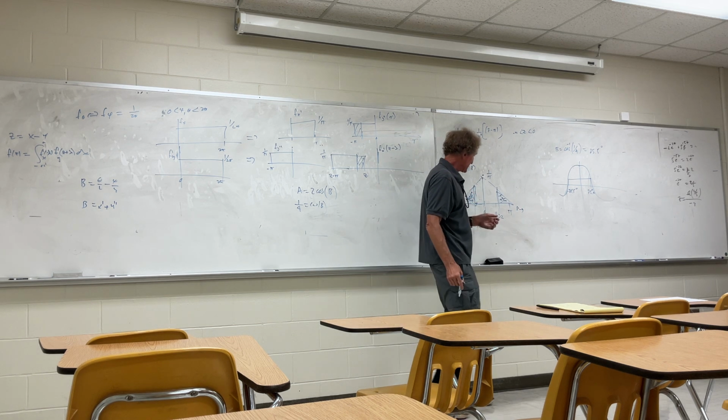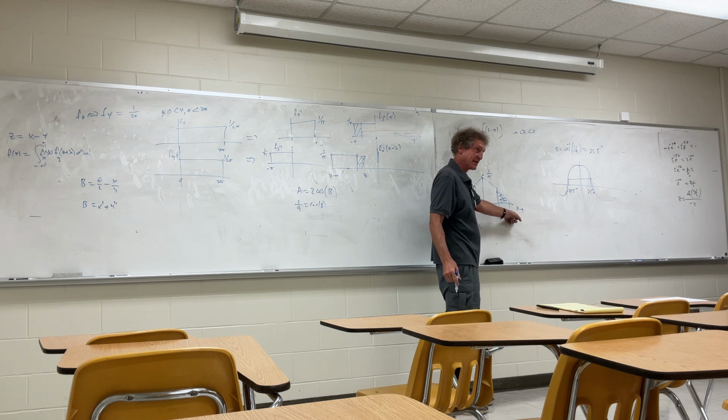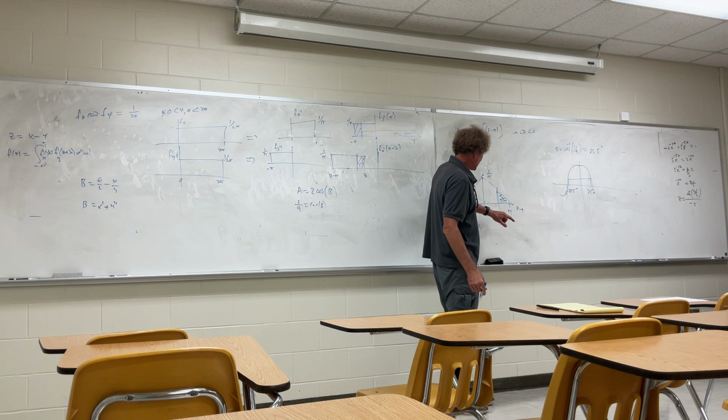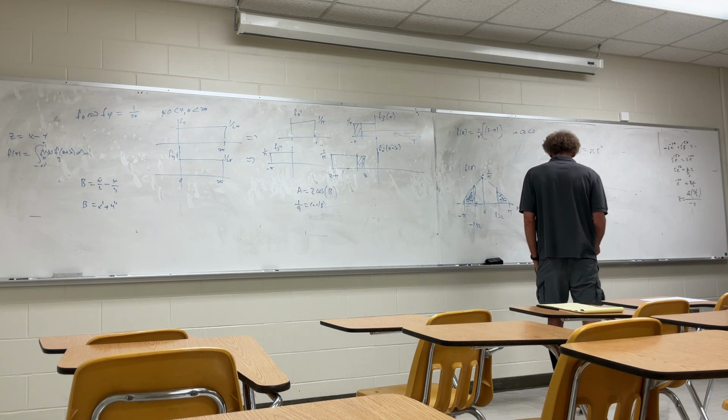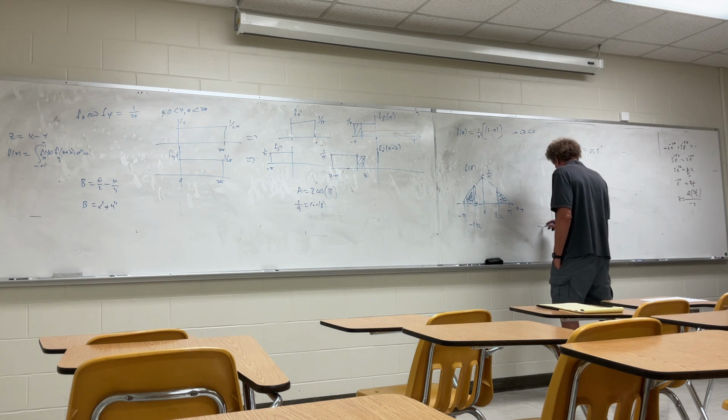Now the problem with this one is, this is a little irritating. Because here, if I look at this, let's get the pi out of here. Let me try this real quick.